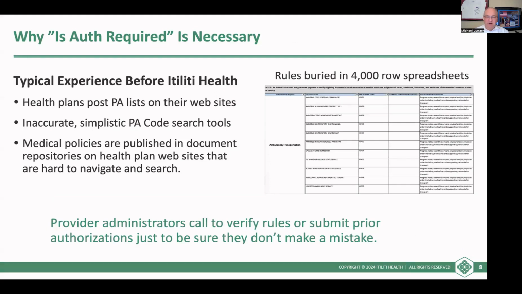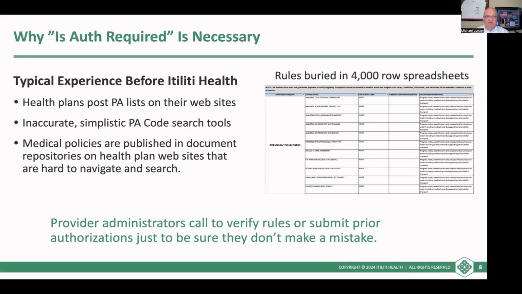The typical scenario today is, once the provider writes an order for a procedure, an administrator at the provider goes to look and see if a prior authorization is going to be needed. When they do that, they typically go out to the health plan website, in which there's maybe a spreadsheet, possibly a 4,000 row spreadsheet with CPT codes and rules that describe whether or not a prior authorization is required for each of those 4,000 rows.